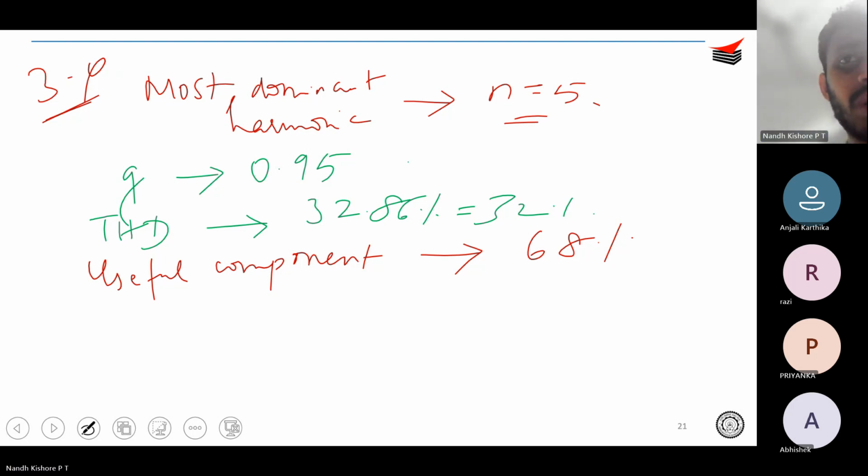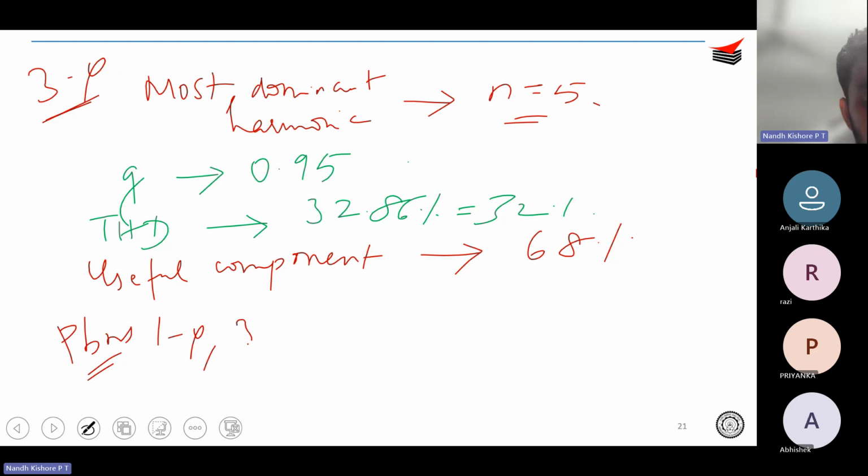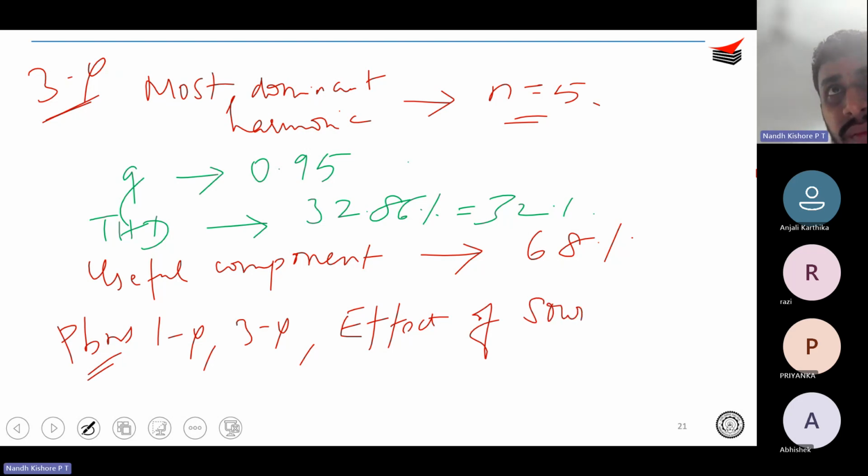Okay. So in three phase, you saw different converters, uncontrolled and controlled. And finally, we solved some problems on the three phase case as well. So single phase, three phase, controlled and uncontrolled. And finally, we studied the effect of source inductance.